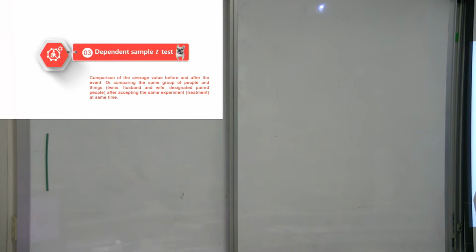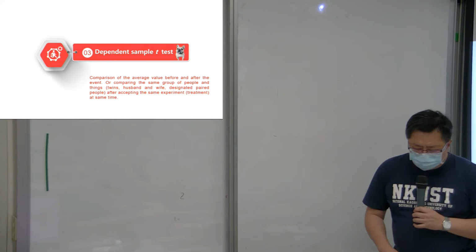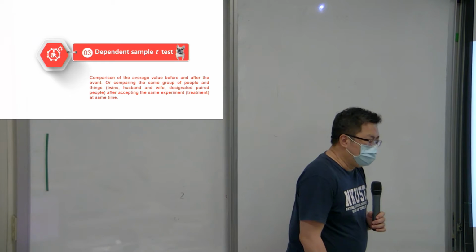When we have to do a dependent sample t-test, please remember this. First, if you want to compare the average value before and after some event. What is a before and after event?